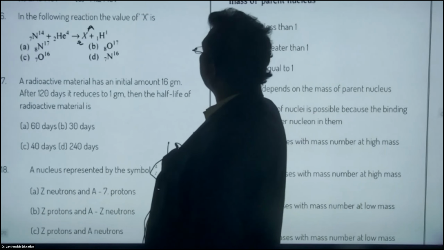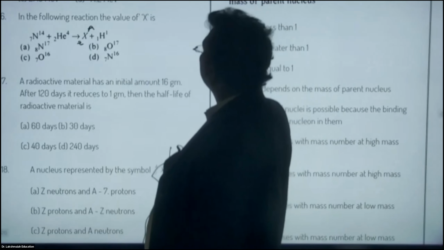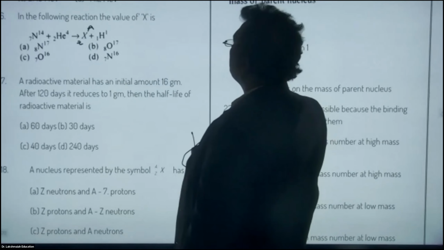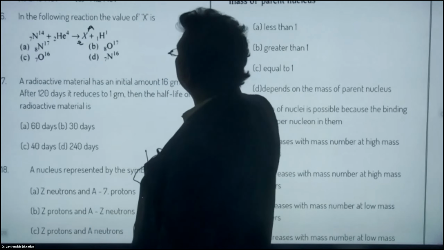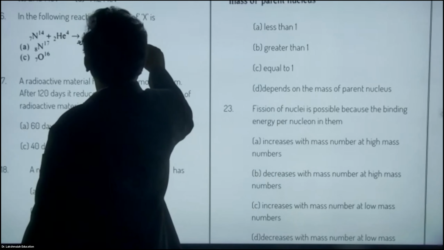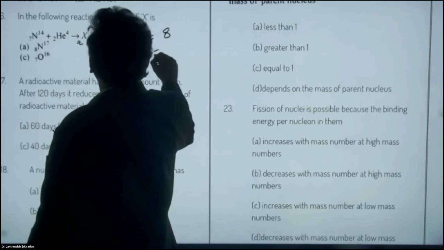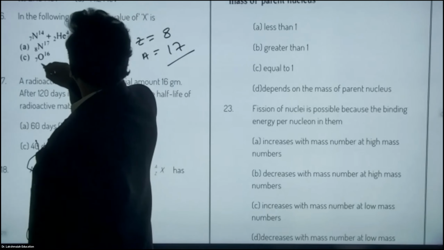What is Z and what is A? Z is 9 minus 1, that is 8. A is 18 minus 1, that is 17. So oxygen, that is 8, 17. That is the answer. Good.